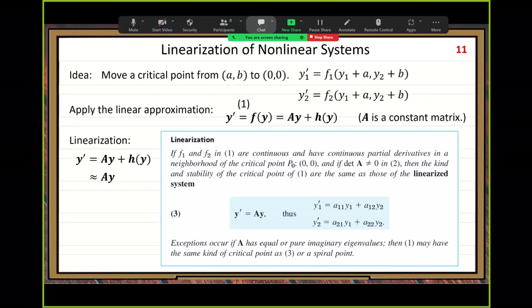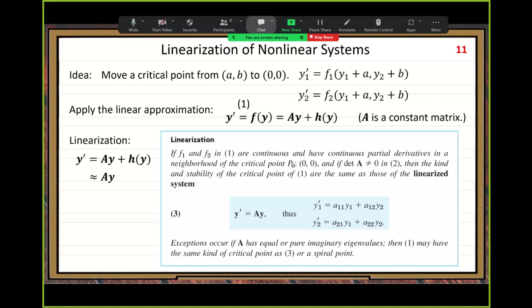So this theorem tells us that if we do linearization, we can study at least a part of the behavior around the critical point. Part of the behavior, may not be 100%. Some special cases may cause some distortion.